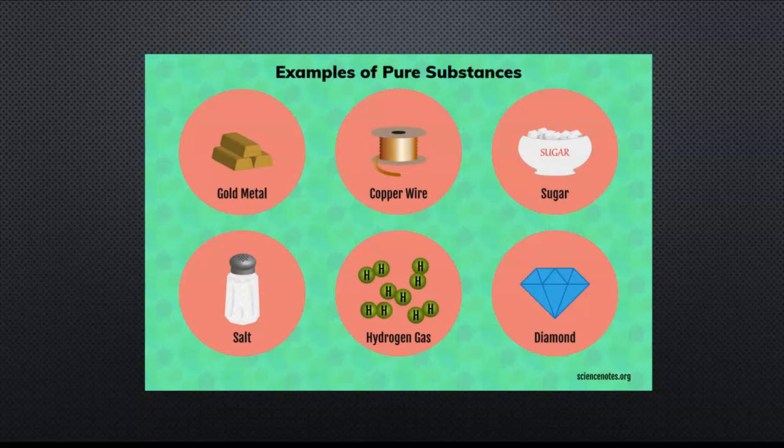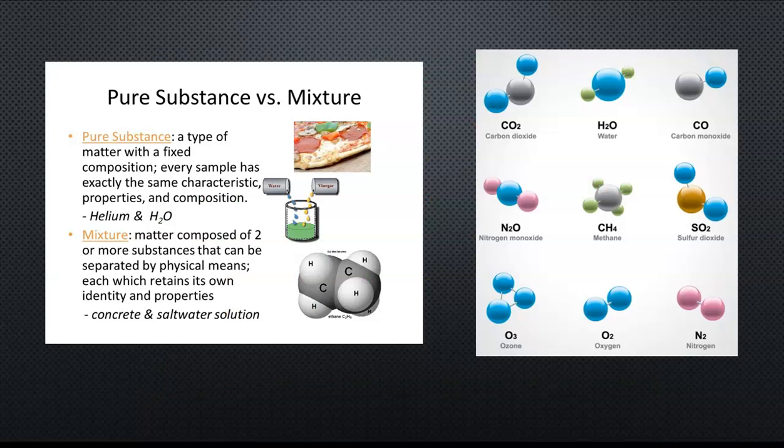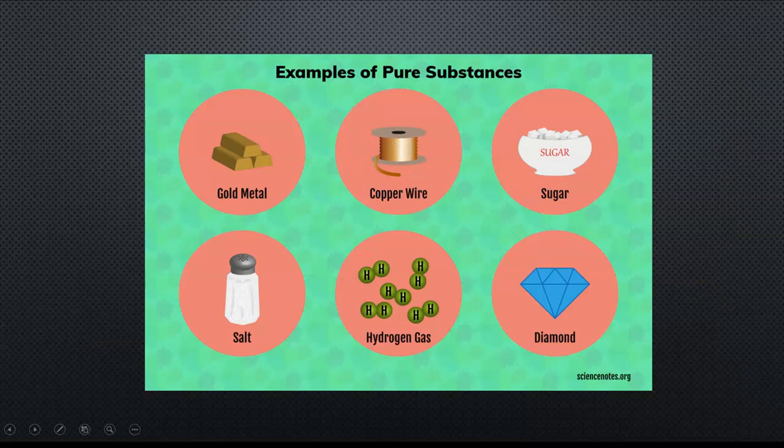When we're talking about a pure substance, we are looking at a type of matter that has a fixed composition, and that means every sample has exactly the same characteristic. So if I were to look at all sugar, every sugar molecule is going to be absolutely the same.